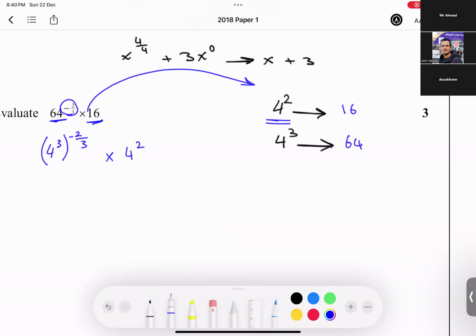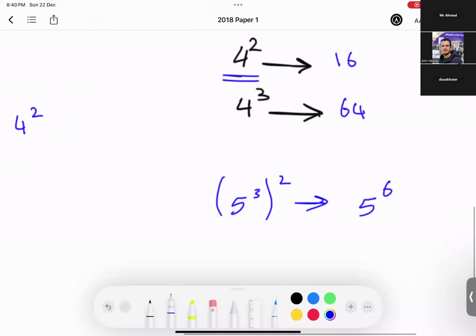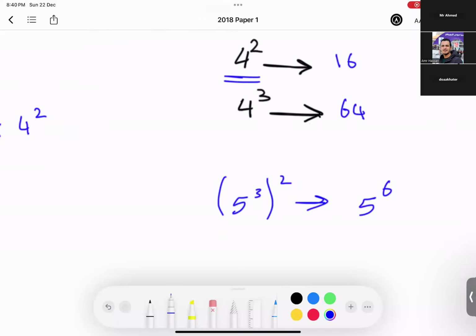I told you, if you get a couple of powers, one of them inside and the other one outside, what should I do? Am I supposed to add or multiply? Multiply. Good. So we end up with 5 to the power of 6, because 3 times 2, right?